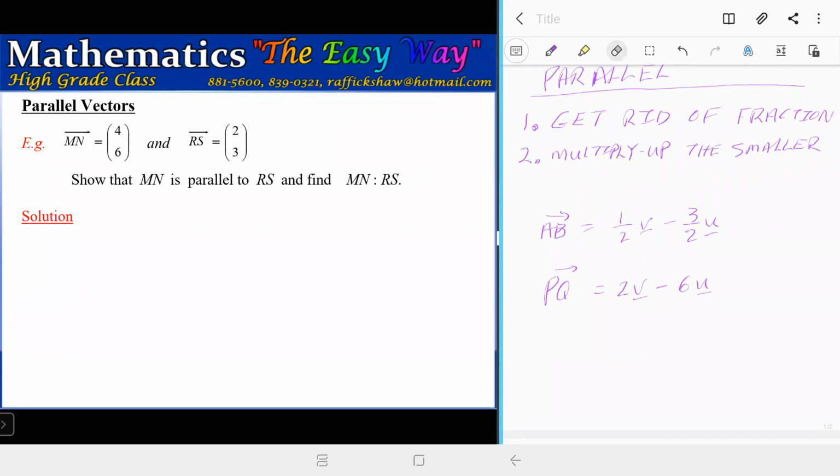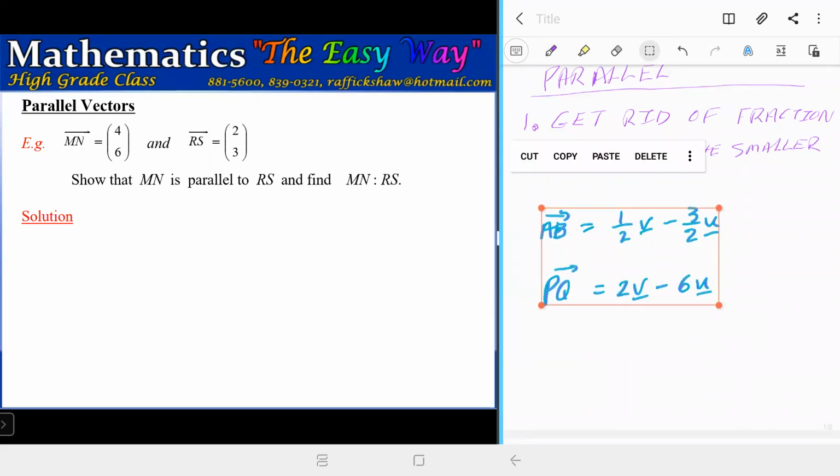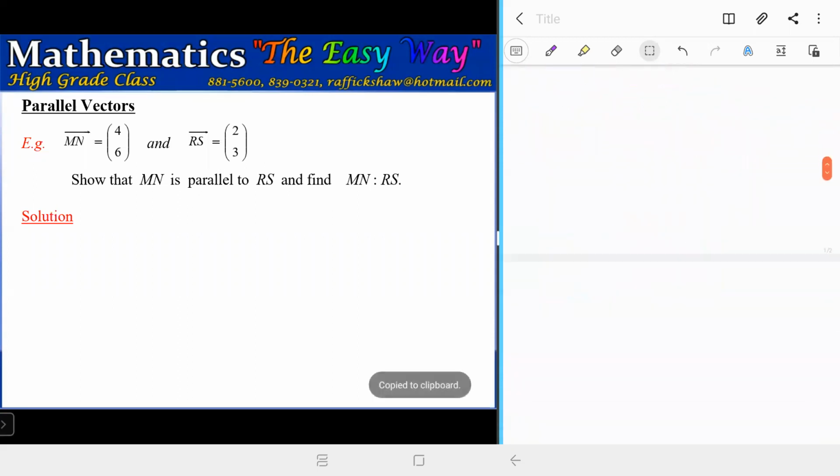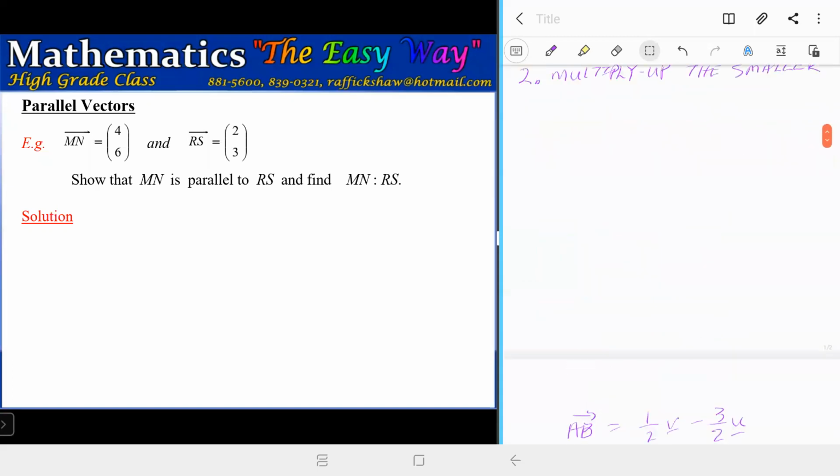Multiply up the smaller vector. I'm going to copy this down so we can use it. Cut it and put it down here. Right.